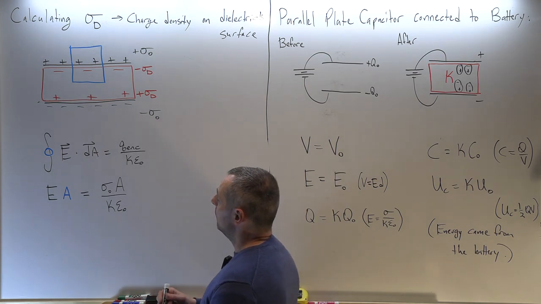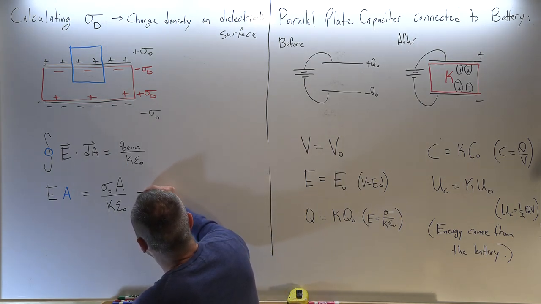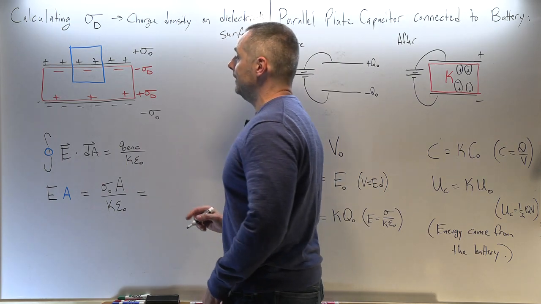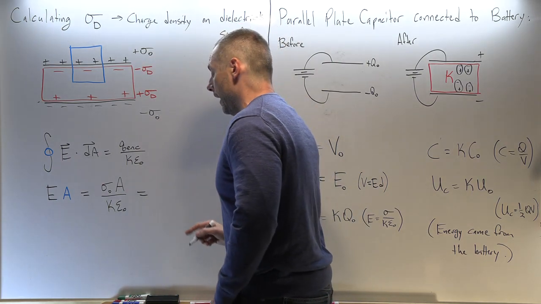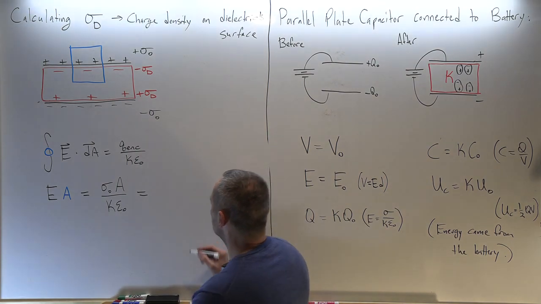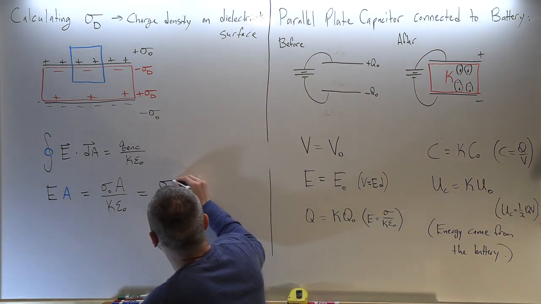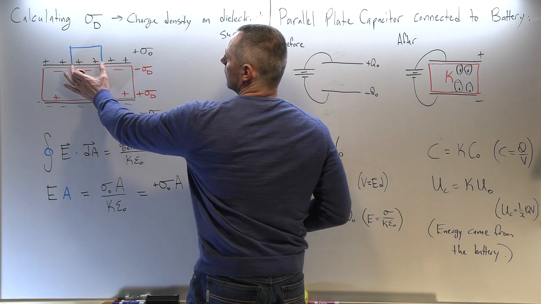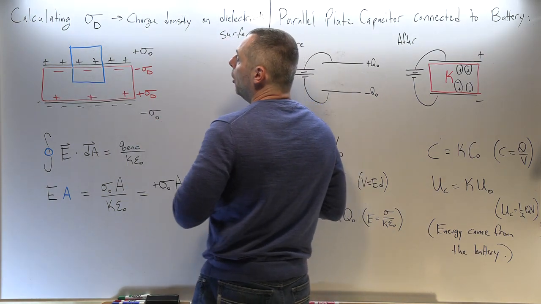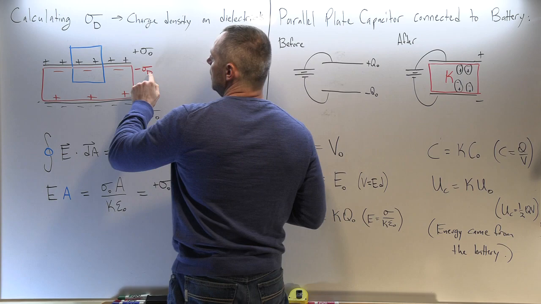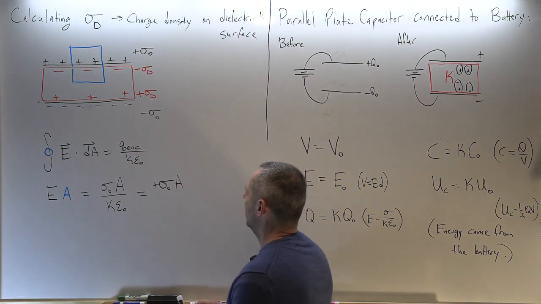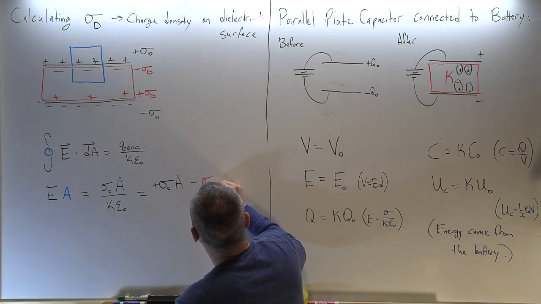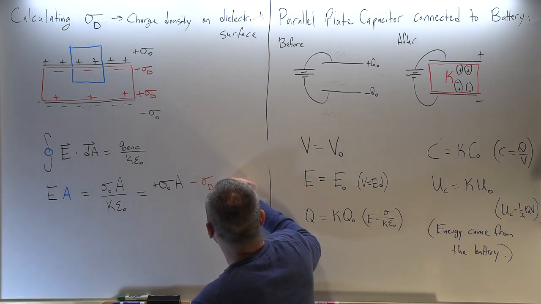But another way I could think about this is to say that the Q enclosed is actually the Q caused by the metal plate here, and that Q would be sigma times area. So that would be sigma 0 area right here. And then I'm also enclosing the negative charge from the dielectric. So here I could write minus sigma dielectric times the area.